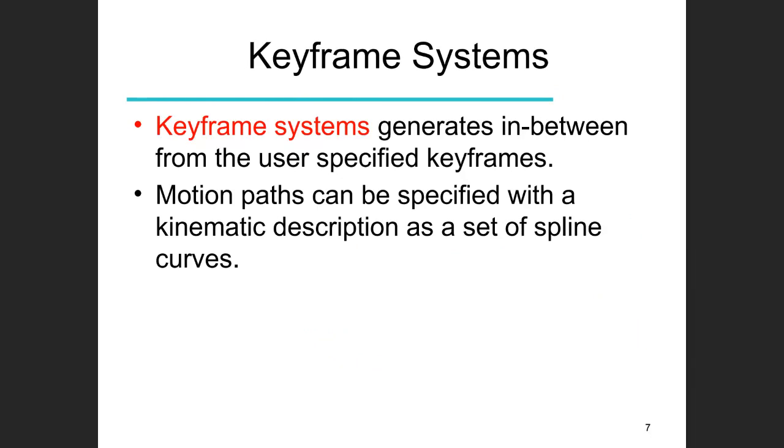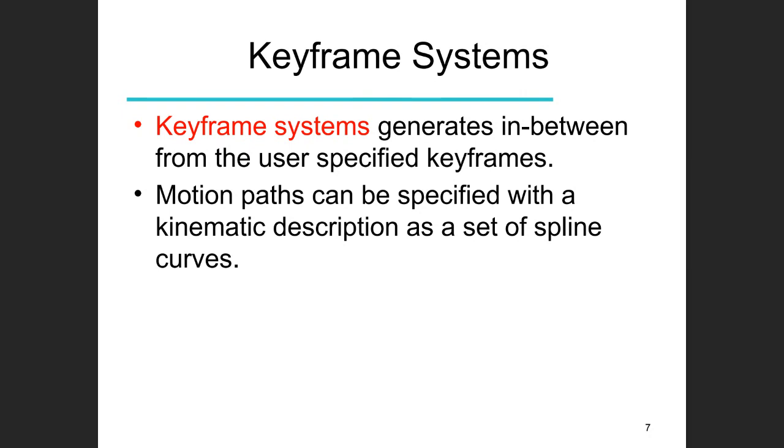Now when we are using the computer for generating the animation, the calculation of the in-between frames is done by the computer. The manual task is quite tedious or difficult. So we use some algorithms or programs which generate the intermediate frames, or in-between frames, automatically.